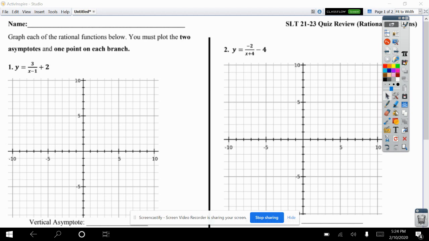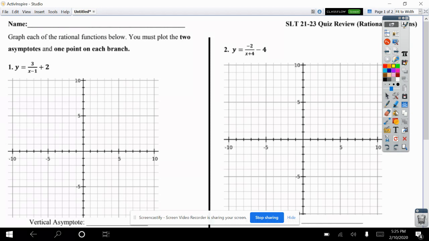So the first thing we're going to do is graph two rational functions. We have to plot two asymptotes and 1 point on each branch, or in other words, each curve on the function. So looking at 3 over x minus 1 plus 2, I'm going to just start by identifying all the transformations.